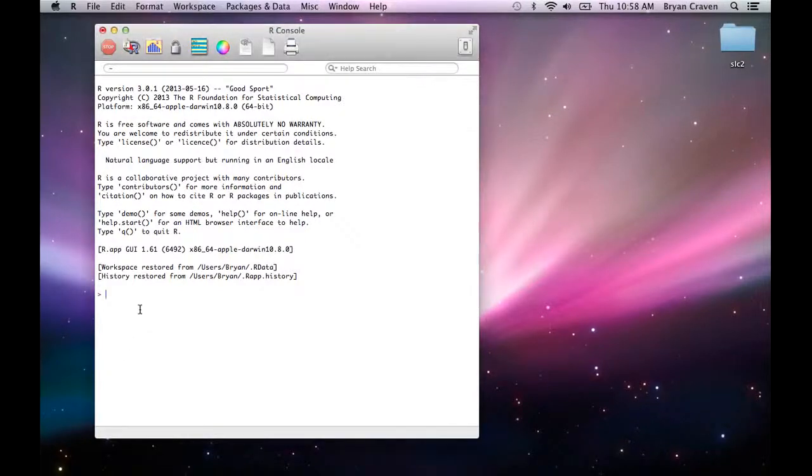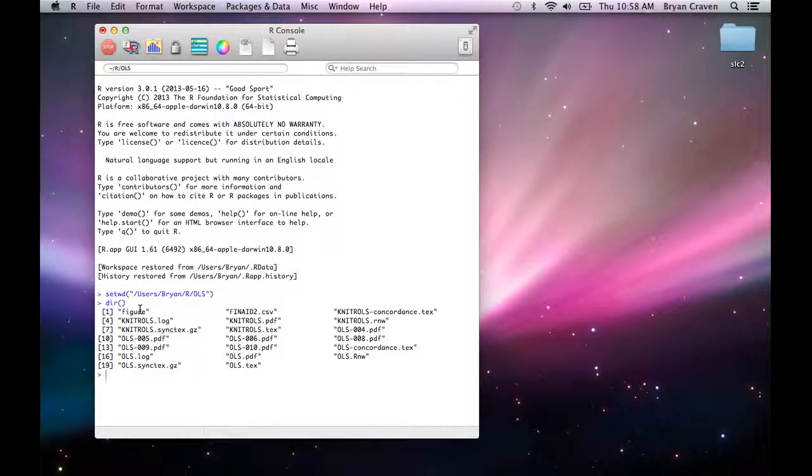I'm going to change my current working directory to get to where that is, using setwd, and try to find the file there. And finade2.csv is right there, so that's great.